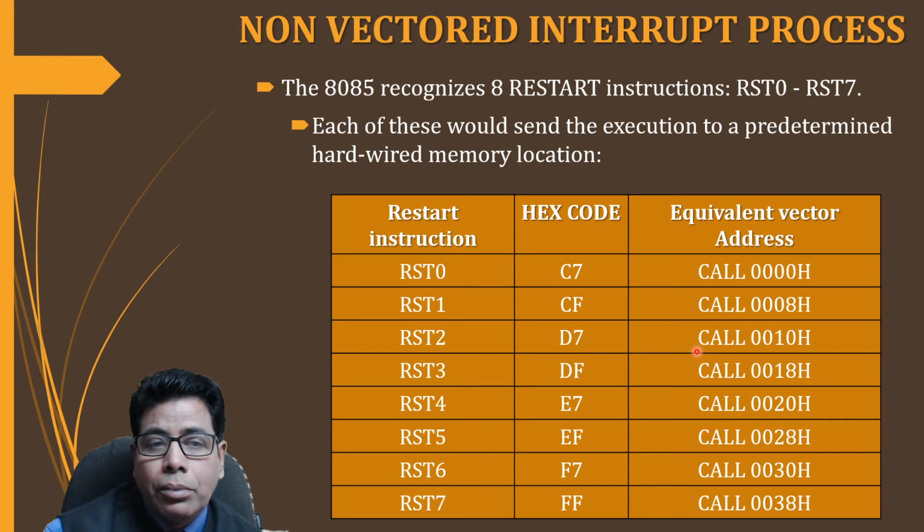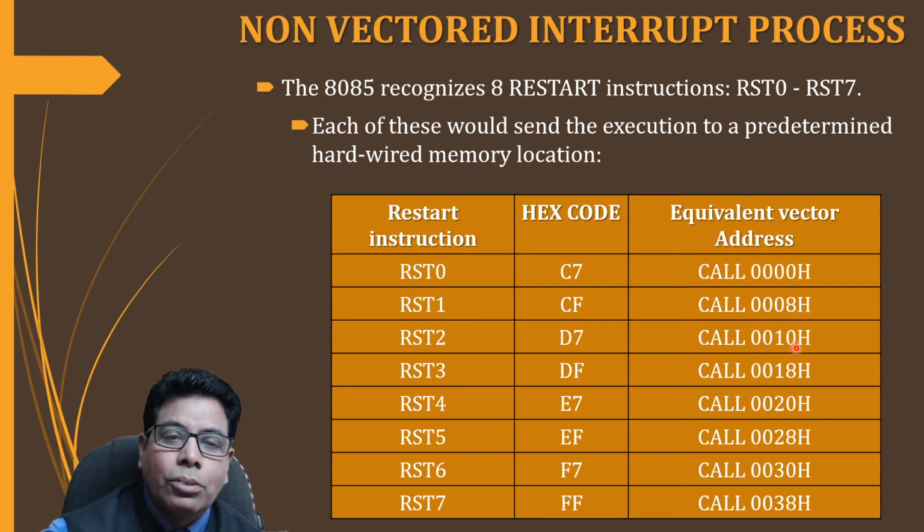So here the address of the interrupt will be generated with the help of hardware. Now this is the RST instruction, and it will have the hexadecimal code. This is the code of the instruction, and the vector address: RST0 will be 0000, RST1 will be 0008, and RST2 will be 0010.